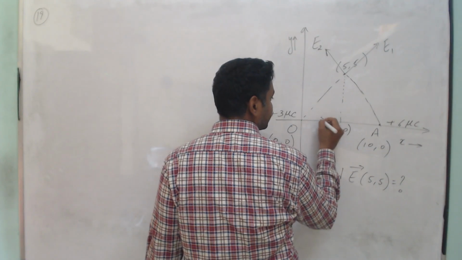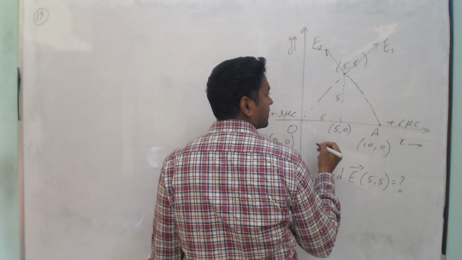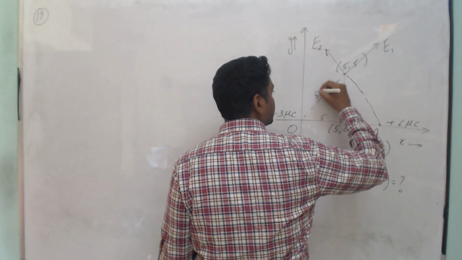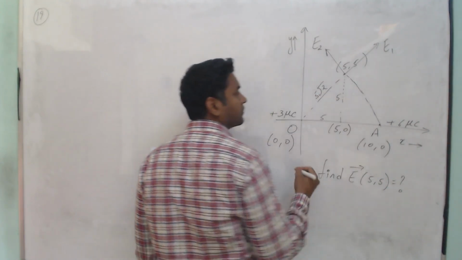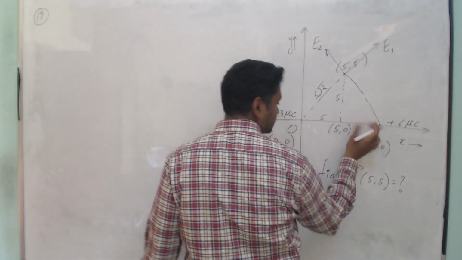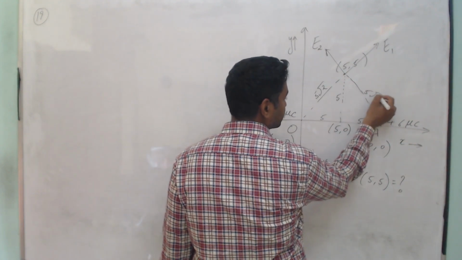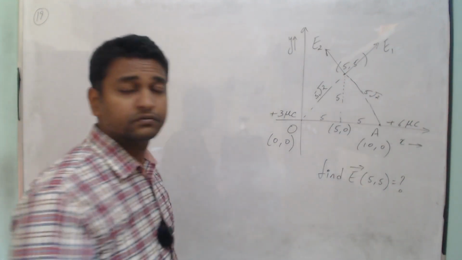This length is 5 and this length is also 5. So the hypotenuse becomes 5 root 2, root 50, which is 5 root 2. Similarly, this is also 5. So here also hypotenuse becomes 5 root 2.